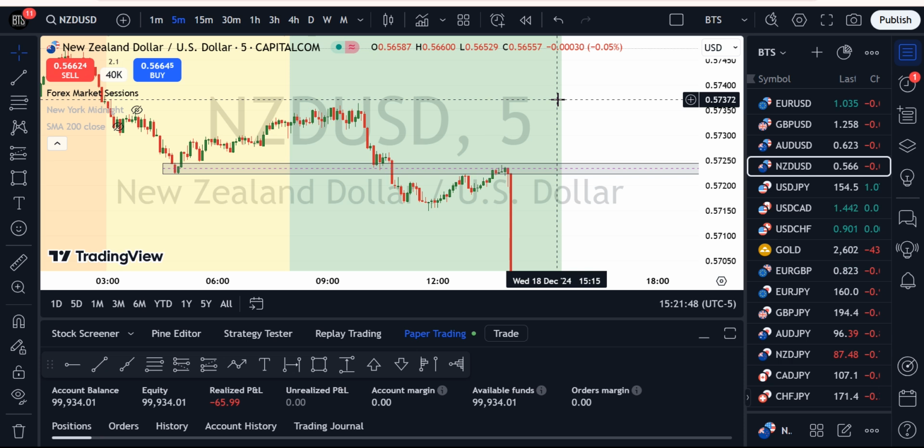Because if we have about 4 trades and we are risking 0.3%, 0.3% times 4 means we are going to be risking about 1.2% of our account, which ideally, if all the trades hit stop loss, is not a good one for us.